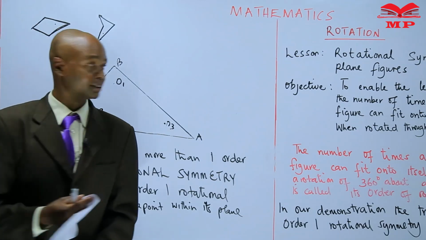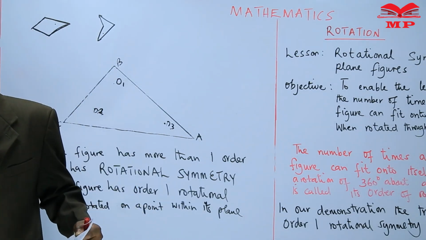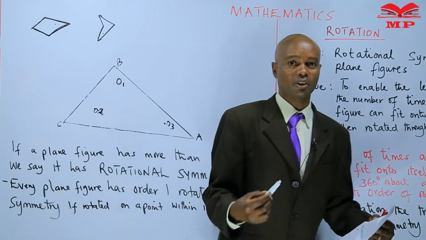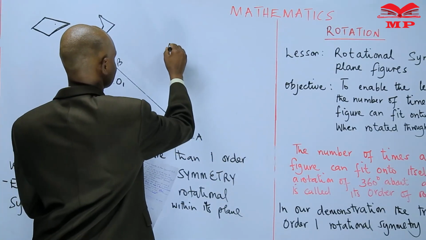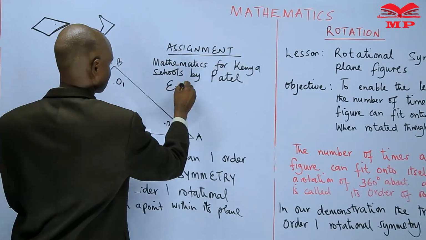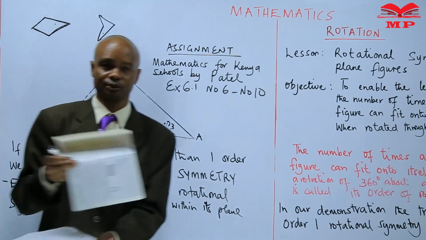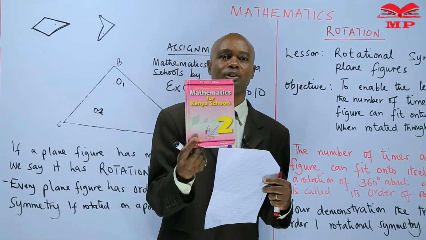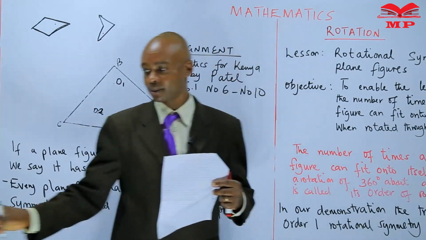For the exercises, the assignment will cover some of the work we did in the last lesson. For those learners who don't know that book, this is the book: Mathematics for Kenya Schools by Patel.